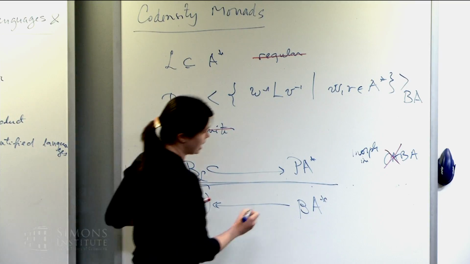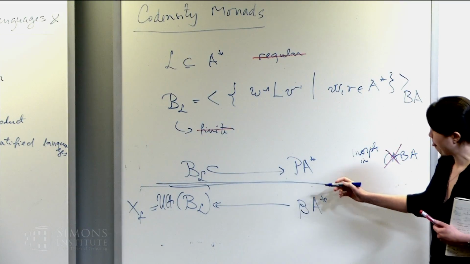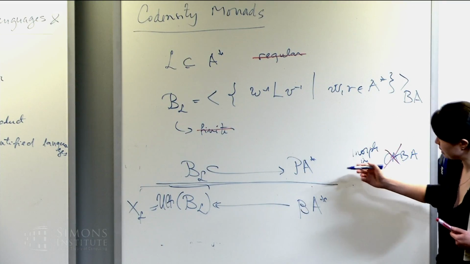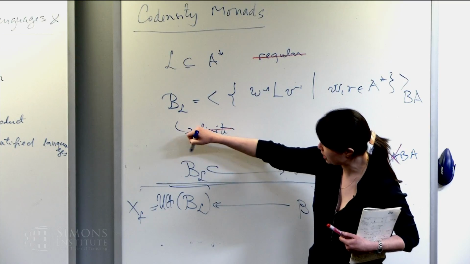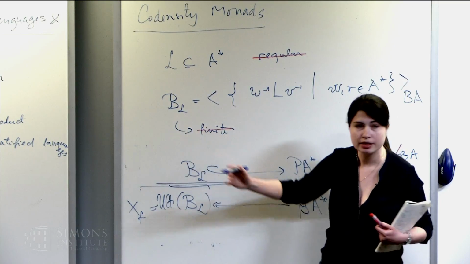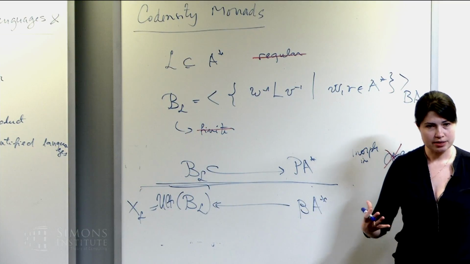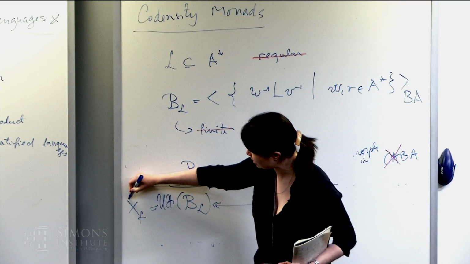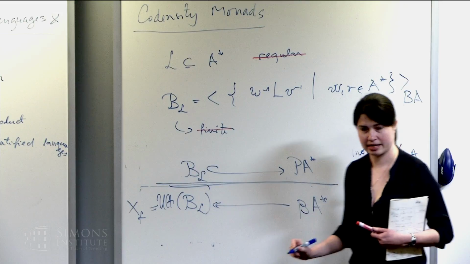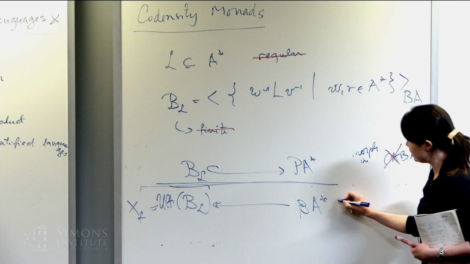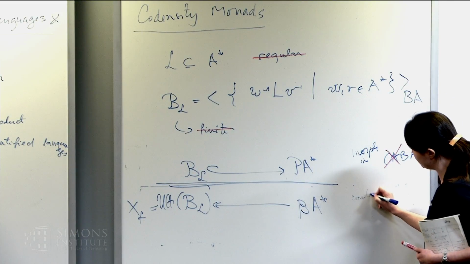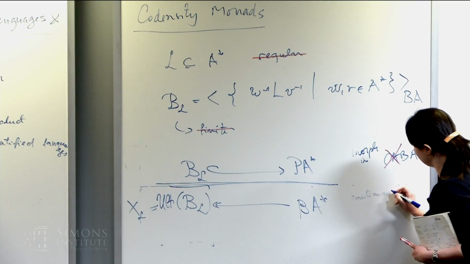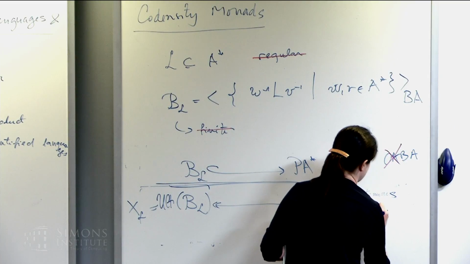And again, here, the actions of A star on the Boolean algebra BL can be dualized. So I will get left and right compatible actions of A star on the space XL. And this map is a continuous function.